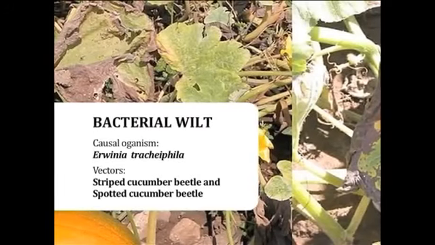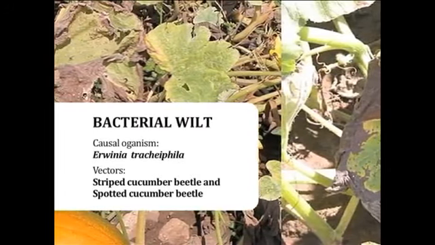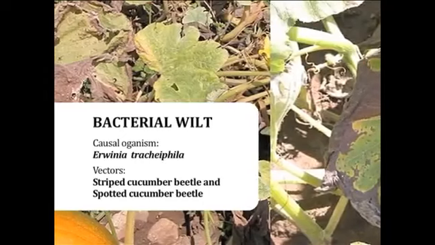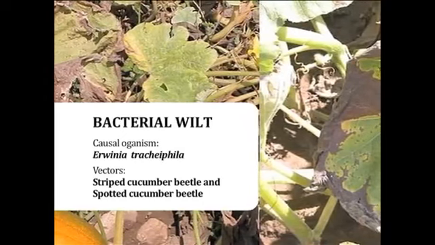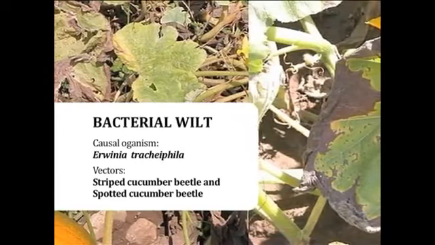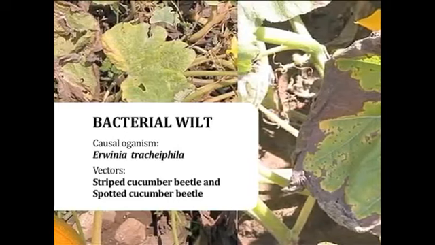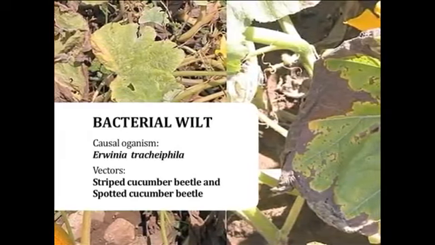Next important disease is the bacterial wilt. It is caused by Erwinia tracheiphila. Vectors are striped cucumber beetle and spotted cucumber beetle. Now coming to the symptoms of the disease. This disease is severe on cucumber and melons, but is less damaging to squash and watermelon.